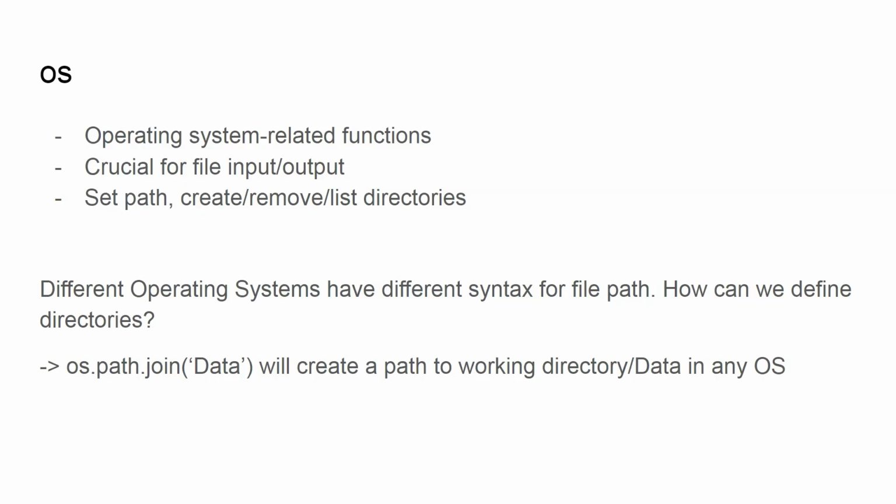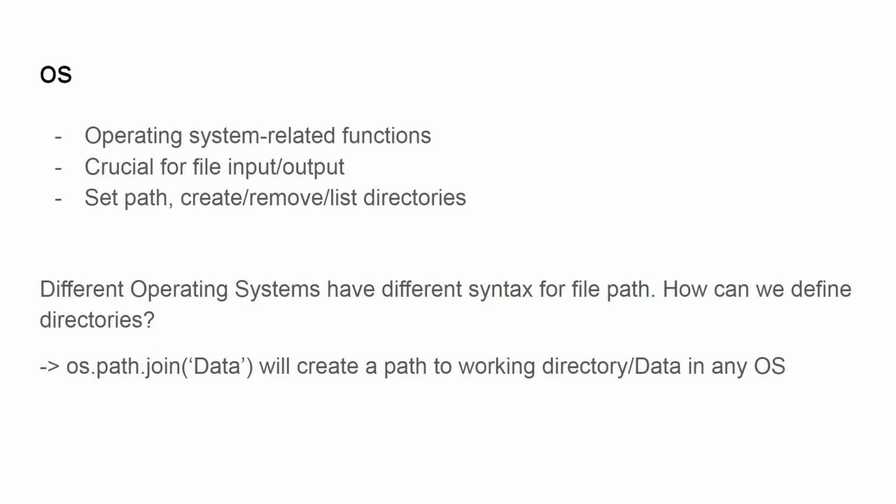To avoid this operating system compatibility issue, when I program, I use this. Let's assume that my current folder is the working directory of the program. If I want to save files in the data folder inside the working directory, I can use os.path.join with 'data', and it can adapt to the operating system automatically.